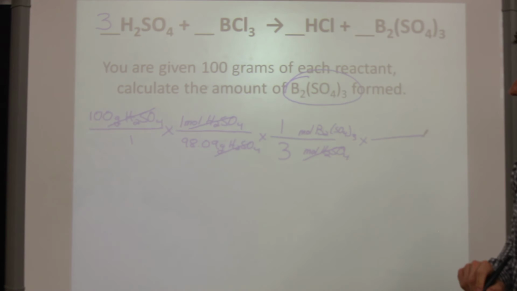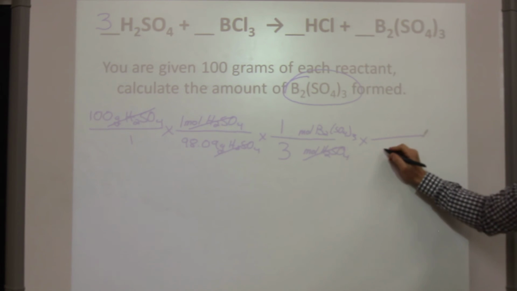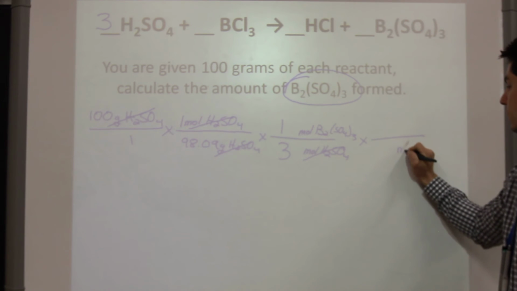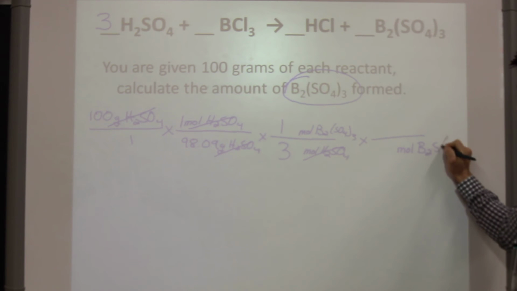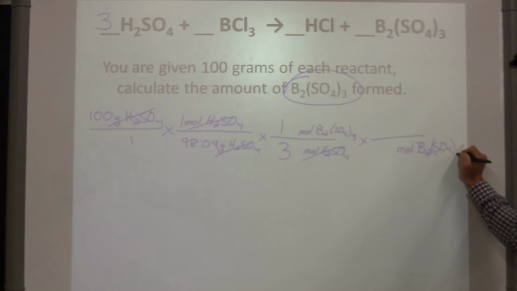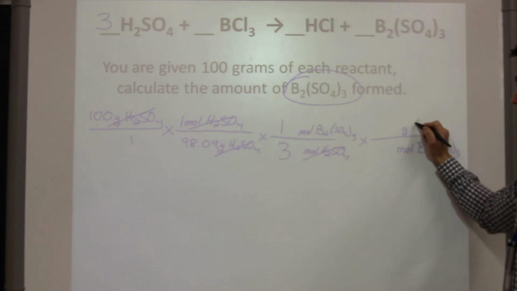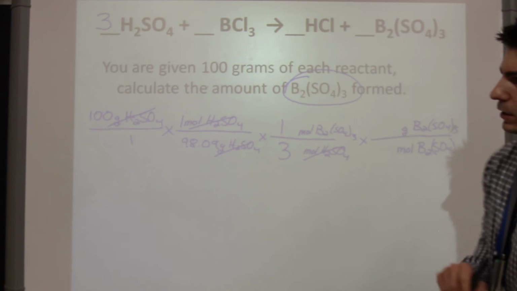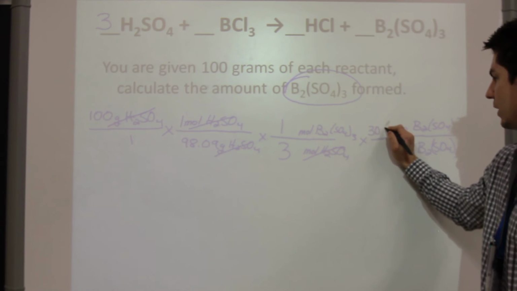And then lastly, because we want to calculate the amount, which is going to be in grams, we're going to have moles of boron sulfate at the bottom. And then on top, we're going to have grams of boron sulfate. So I already did our molar mass, which is 309.8.